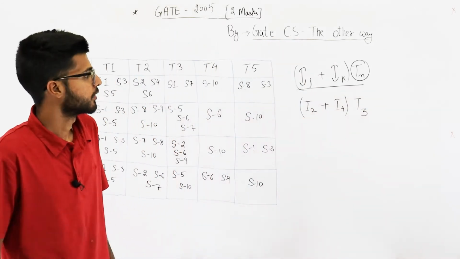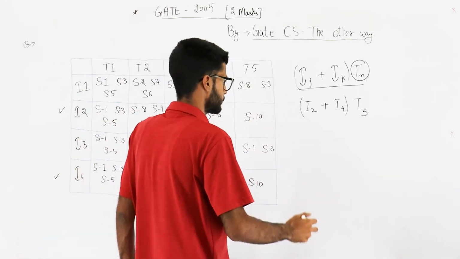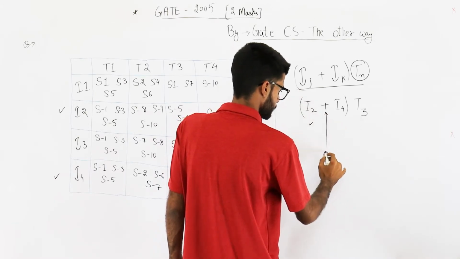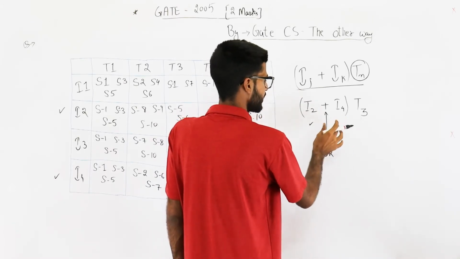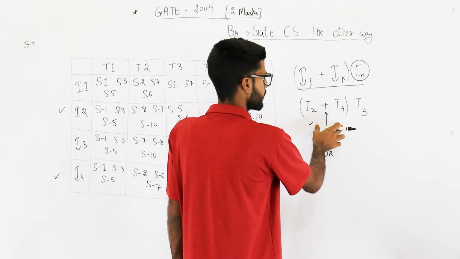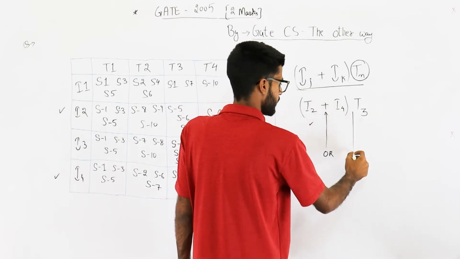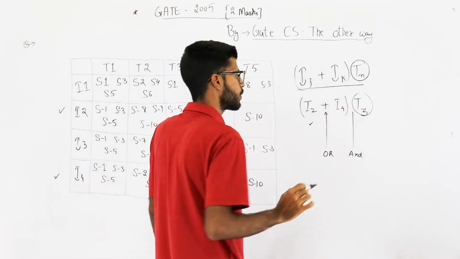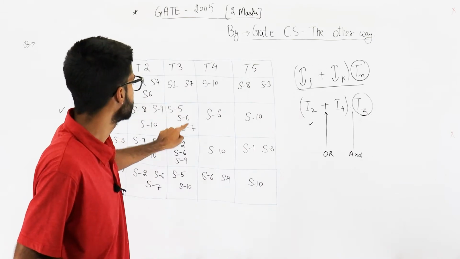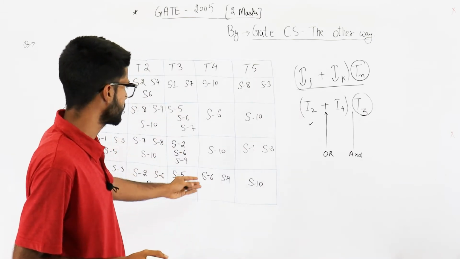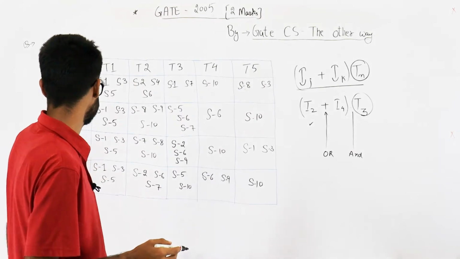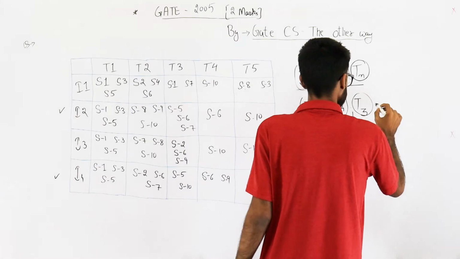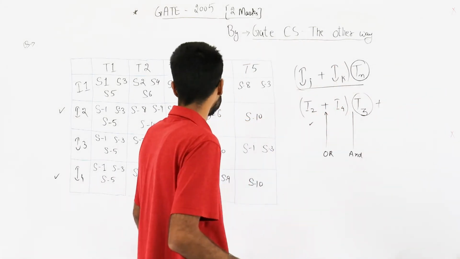So according to the question, this notation means if it's instruction number 2 or 4, and the clock cycle is the 3rd one, then S5 needs to be high. S5 needs to be high at some other places also, in this column also, but we'll analyze it. It will be plus something.